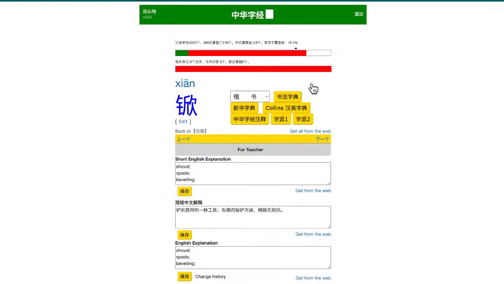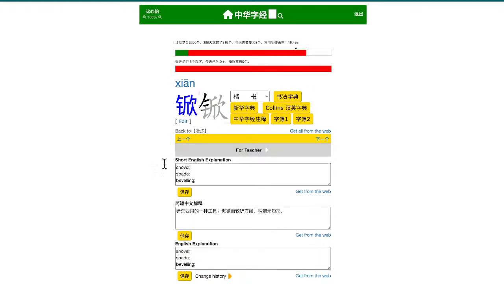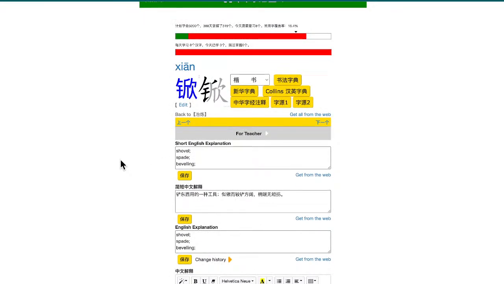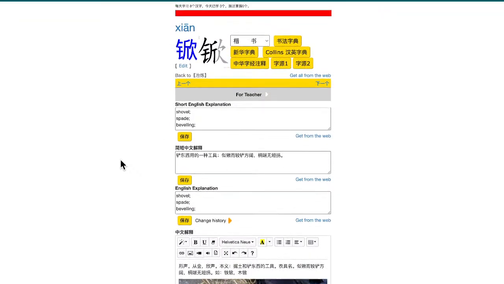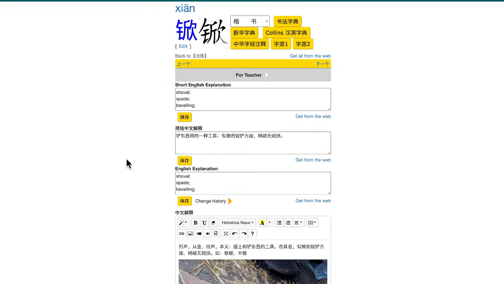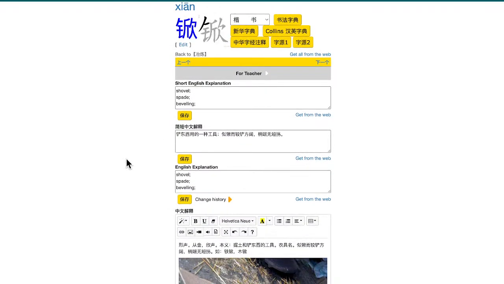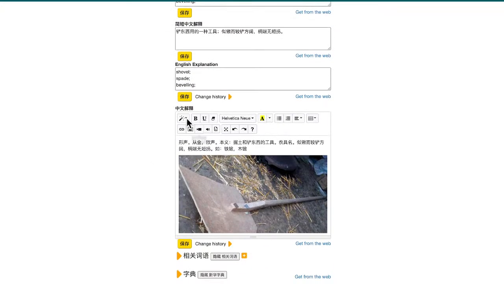Next one, 铣. 铣 means shovel, spade. So this is a tool, and it looks like a shovel. Now this one and 锹, which we studied yesterday, are very similar.